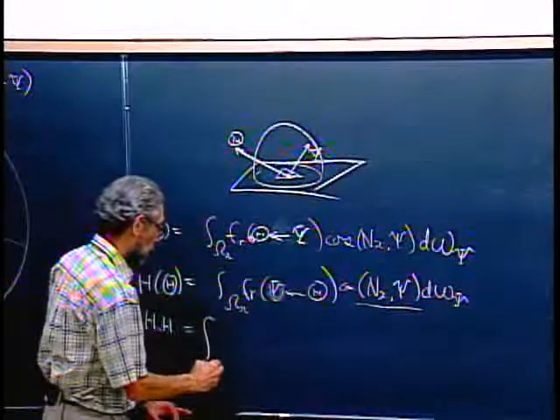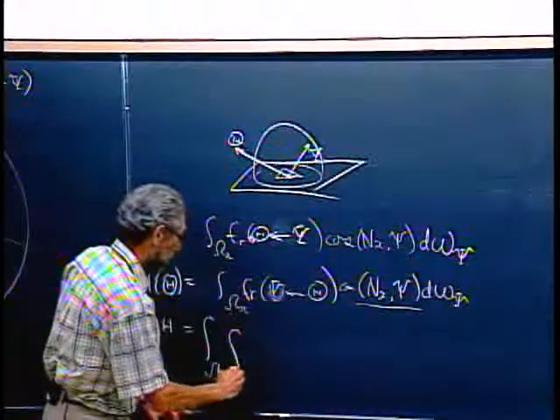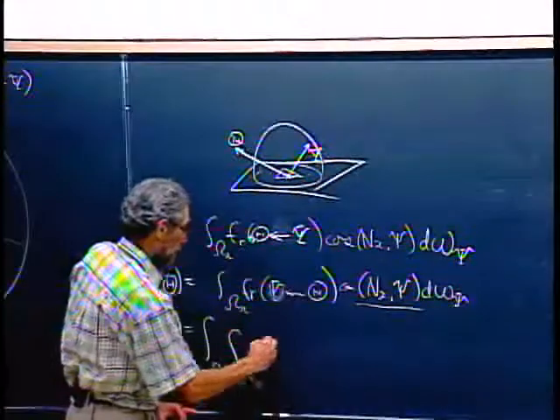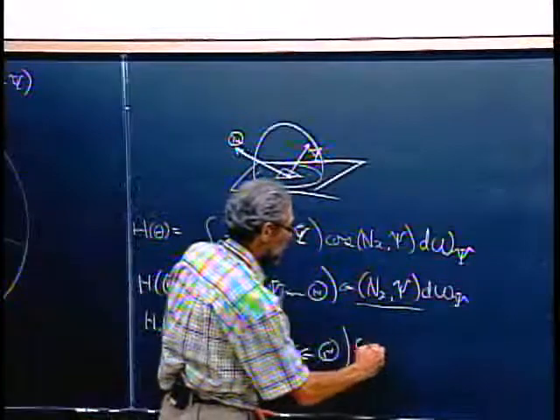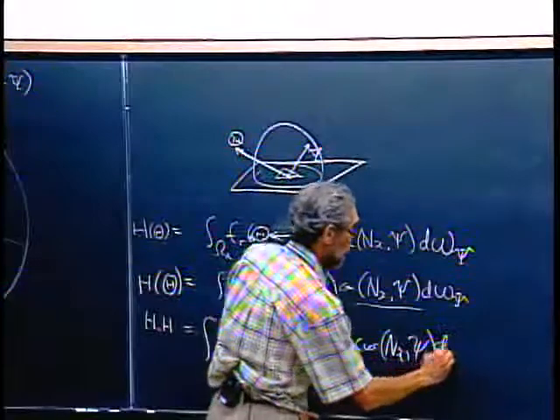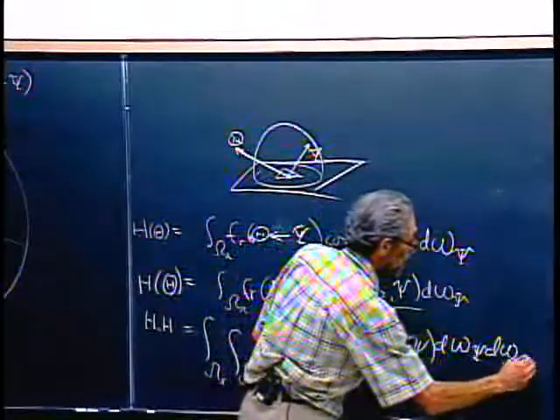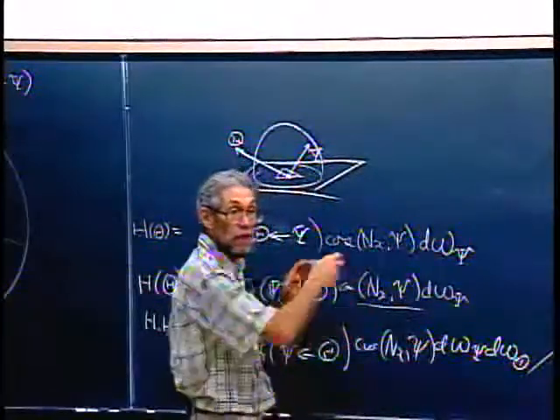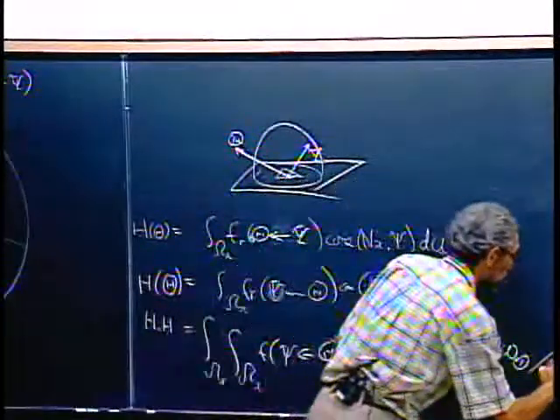That would be the integral over omega 2 hemispheres of this quantity times cosine nx psi, d omega for psi and d omega for theta, and then if you want the average, you have to divide by the surface area that you're integrating, which for the upper hemisphere would be 2 pi. Right?